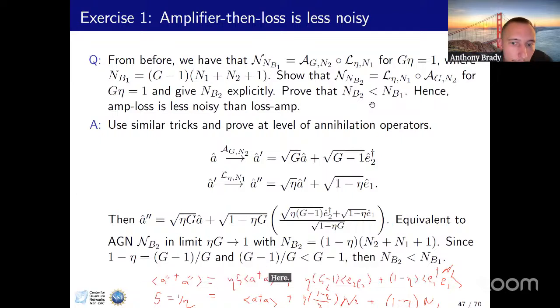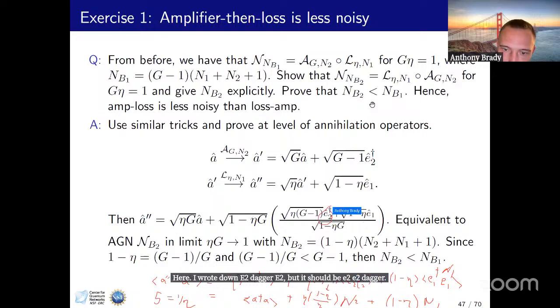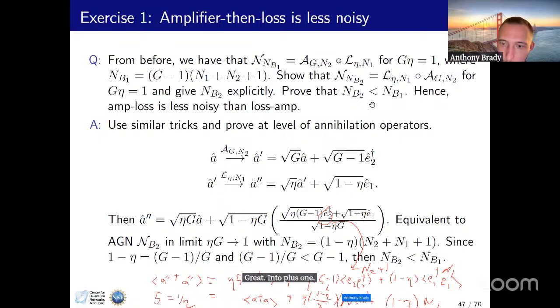I wrote down E2 dagger E2, but it should be E2 E2 dagger right there. And so actually this is N2 plus 1. Great. And that's where this plus 1 comes from. And so that gives us NB2, and it's that.